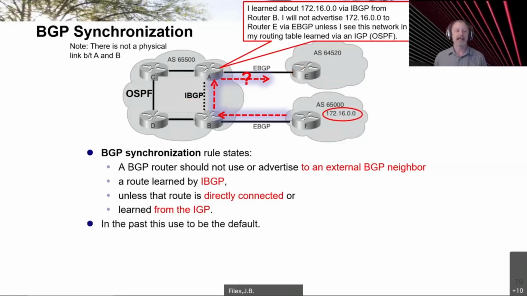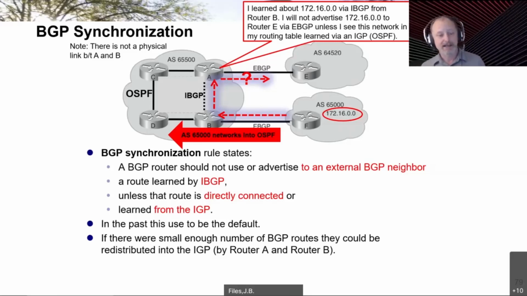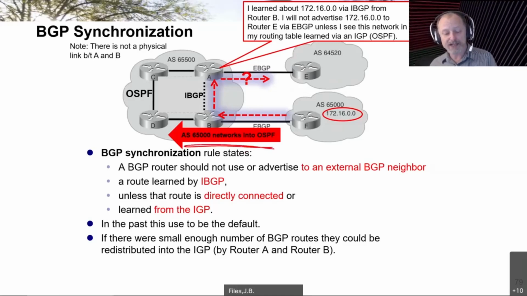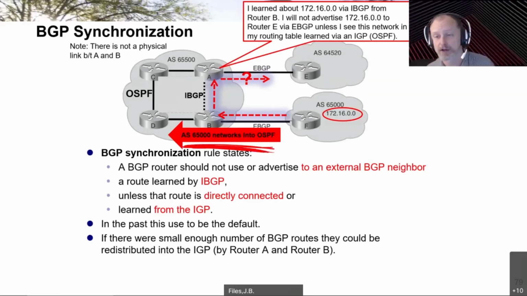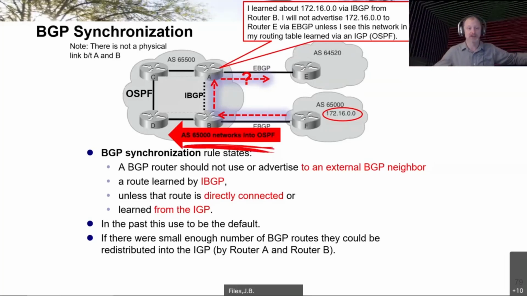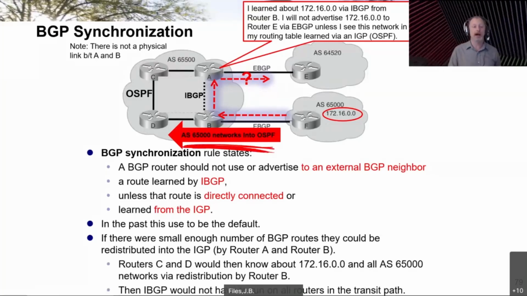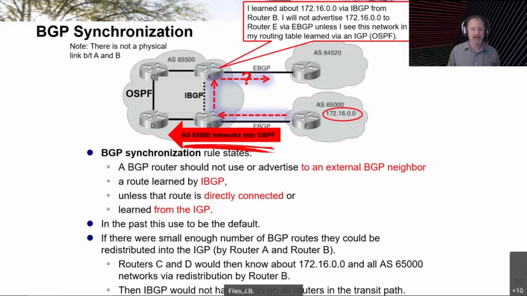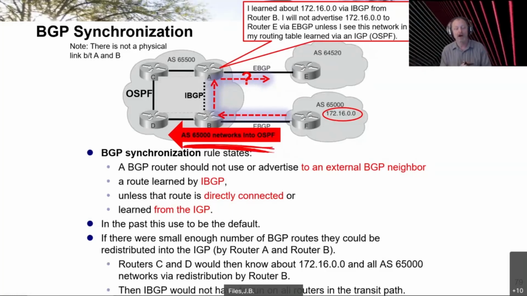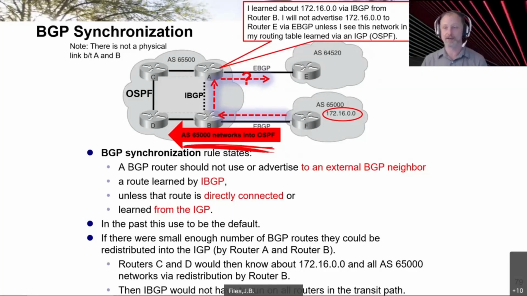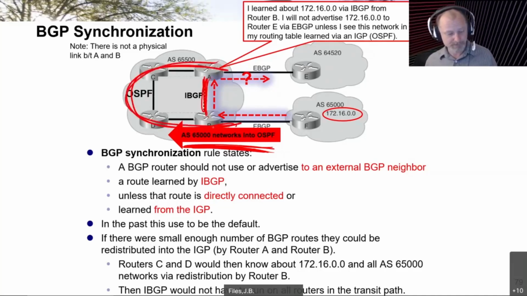Now, in the past, this used to be the default. But that was when we could redistribute all of the BGP routes into the interior routing protocol, and then that would get advertised to all of our routers. So in this case, C and D would know about that network, and we would not have to have iBGP running on all of the routers in the transit path, because here's the transit path, since these are not directly connected.